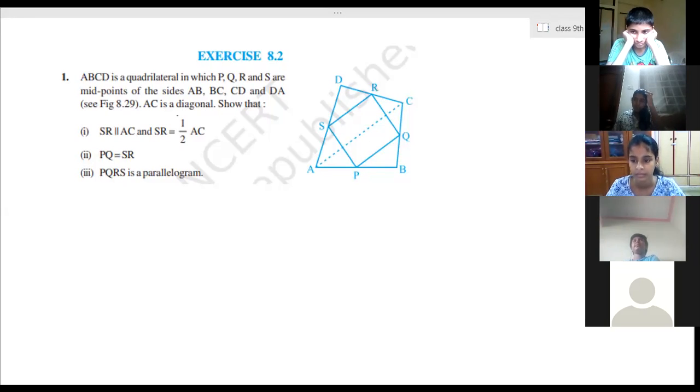In your own words. Ma'am, if a line passes through the midpoint of one side of a triangle, and it is parallel to the other side, and it bisects the other side.